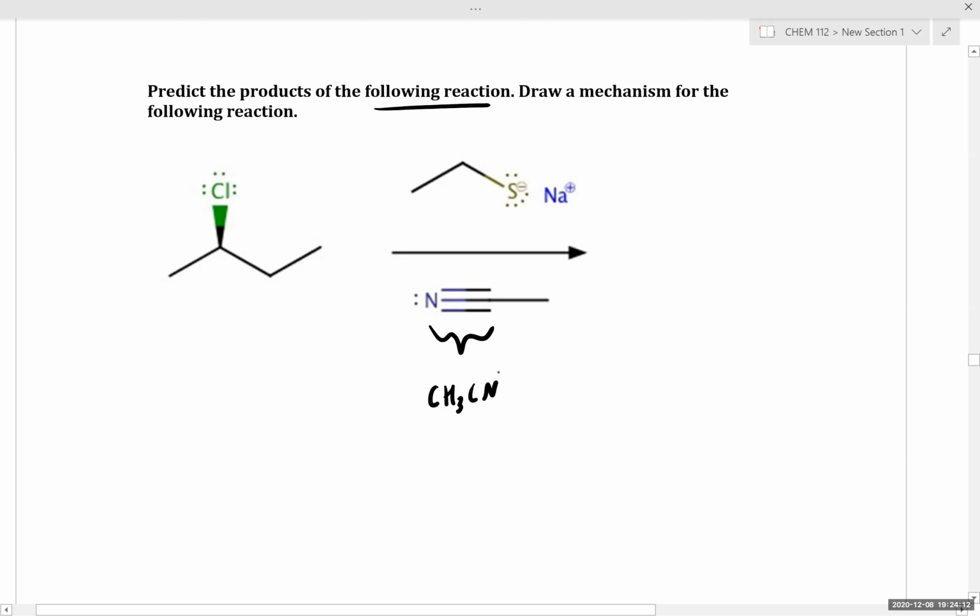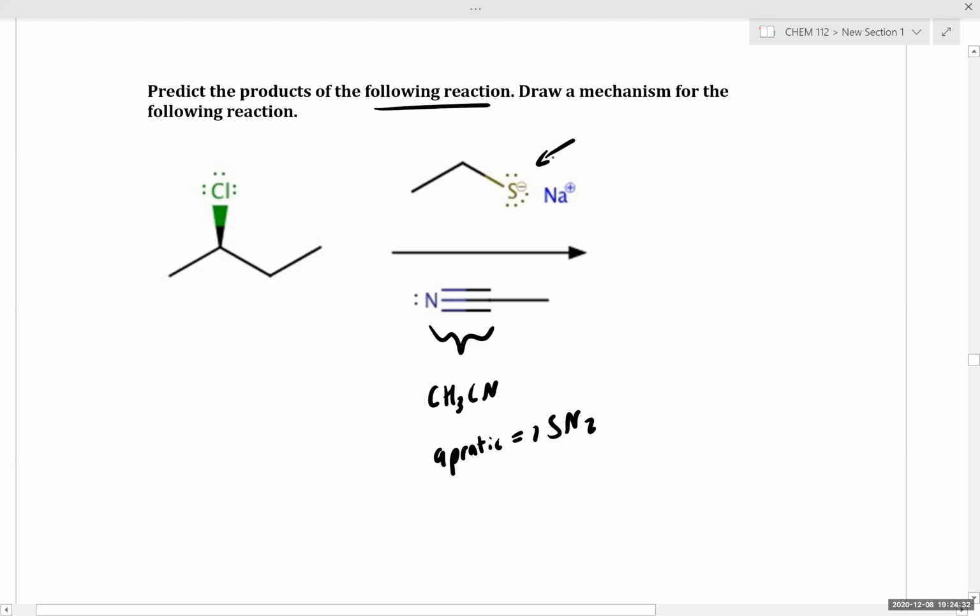Would anyone like to contribute their proposal? Aprotic, exactly right. So that's one point for the SN2 reaction.